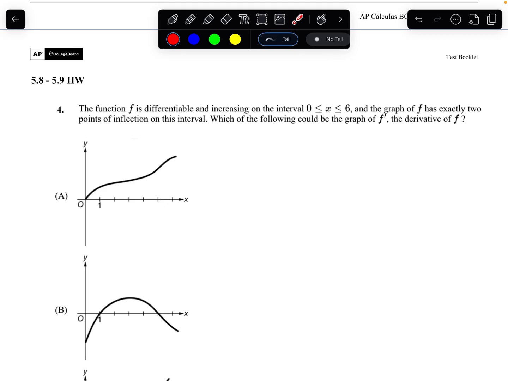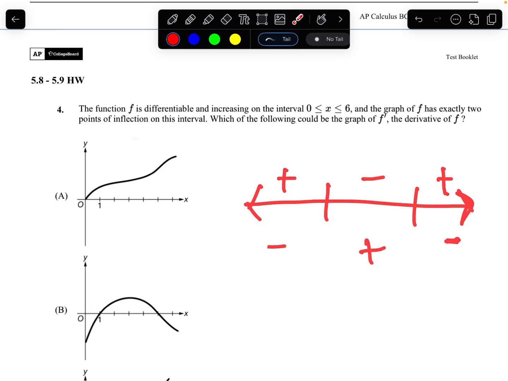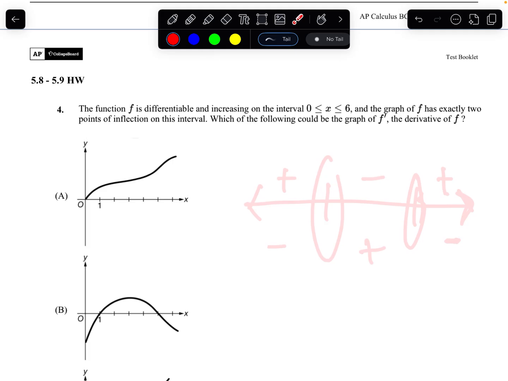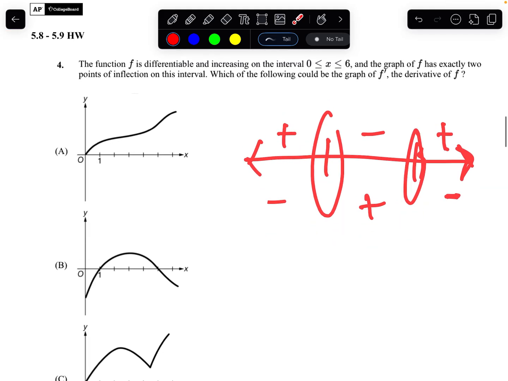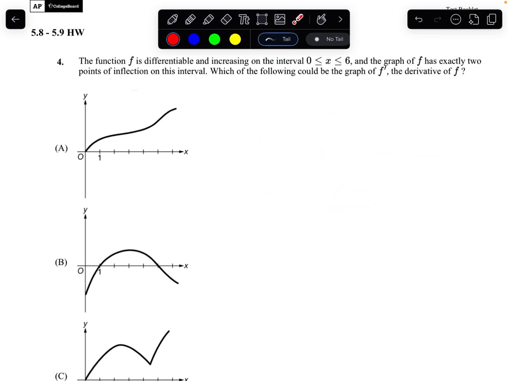So the graph of f has 2 points of inflection, meaning that if we think about like the line right here, 2 points of inflection means that it's changing concavity at 2 different times, and that could be negative, positive, negative, or positive, negative, positive, but essentially meaning that f prime, what does that mean about f prime?